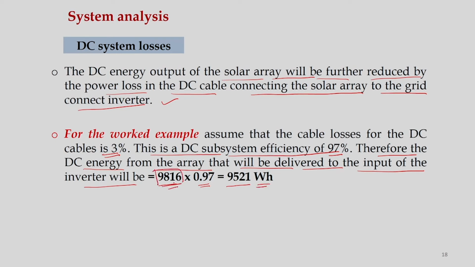If we draw it, we have this PV panel, and this is the cable, with a cable loss of 3%, and then this will be the inverter. Next we need to know the efficiency of the inverter. Up to here, this is the energy we have calculated.